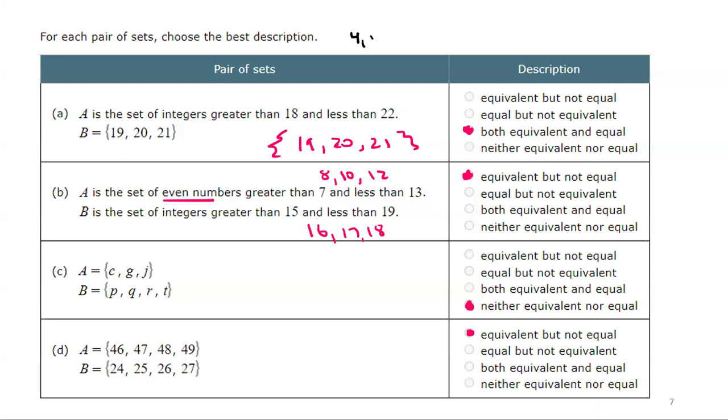We have 4, 5, 6, and then we have 4, 4, 5, 6. Okay, so what do you think this is?